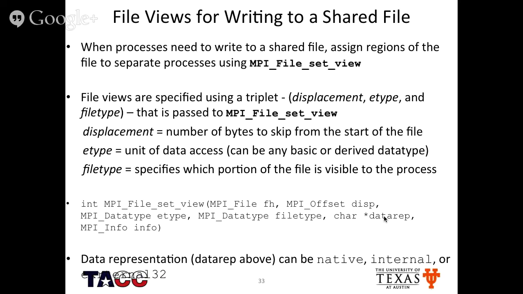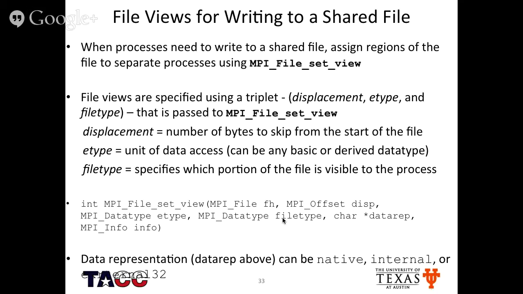And file type is basically the data type, the derived type, or your primitive data type that you have, int, float, long, that thing. But it still doesn't make any sense if it's int. How does it specify which portion of the file is visible to the process? Okay, let's take a very simple example.